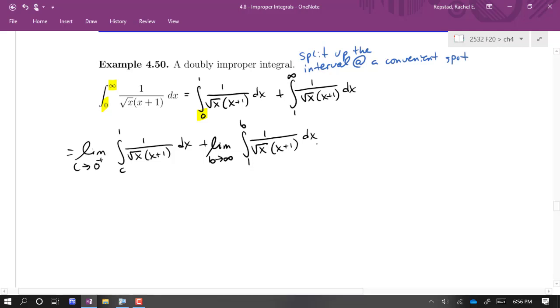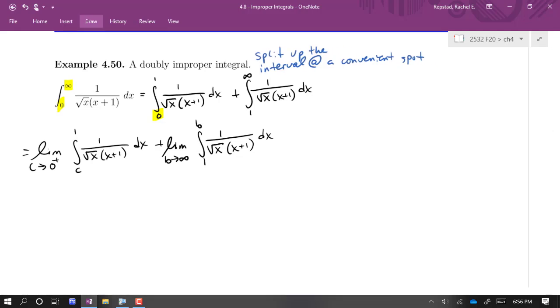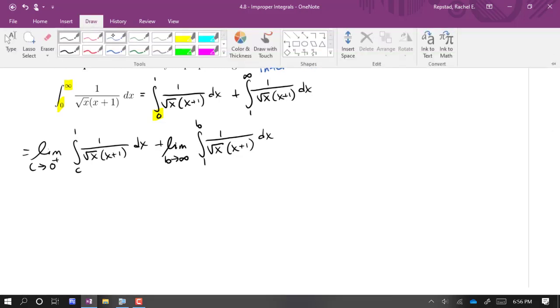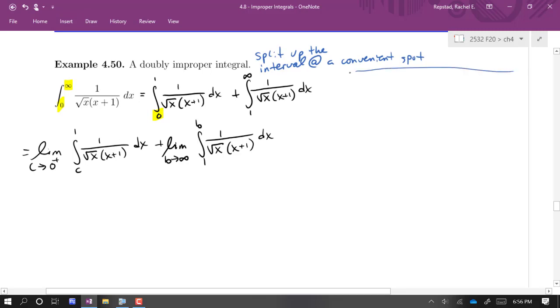All right, so we've split it up. We now have set up separate limits that we need to evaluate. But our next step is, we're stuck until we actually integrate this function. So we have to think about how we can integrate this function. I'm going to do some of this off to the side.